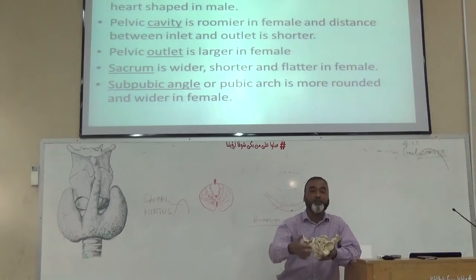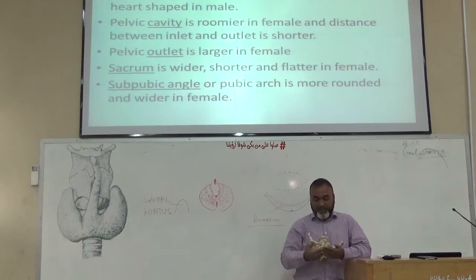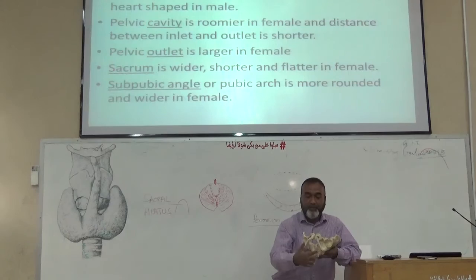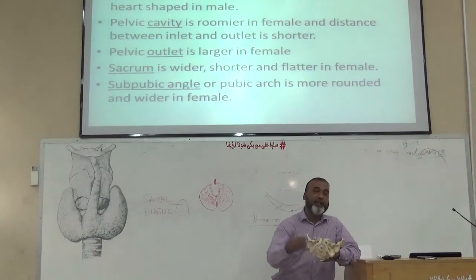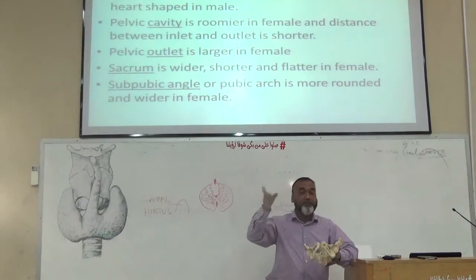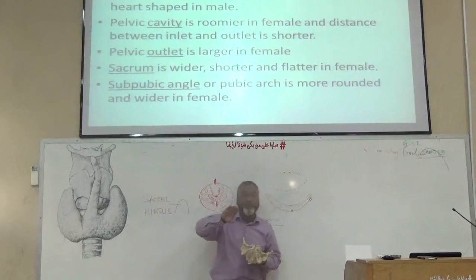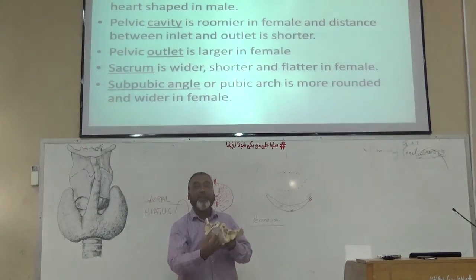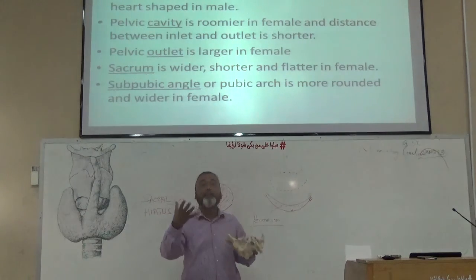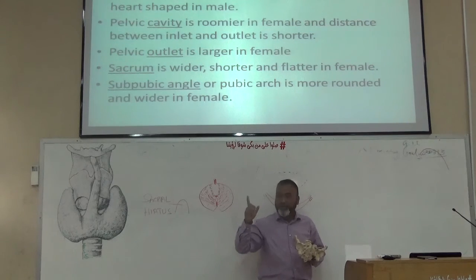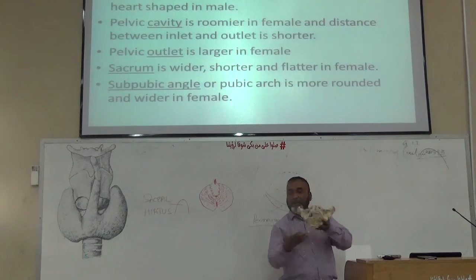This pubic or subpubic arch is much wider in case of female and much more angular in case of male. That is, the angle between the two pubic rami in case of male is 60 to 90 degrees, but in case of female it is wider, ranging from 90 to 120 degrees, so that it becomes separated.